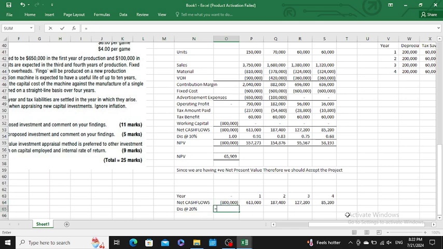For a discount rate of 20%, what NPV would I have? As I told you earlier, 1 plus 20% raised to the power minus number of years, then copying to each year.